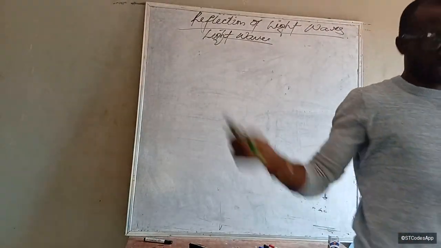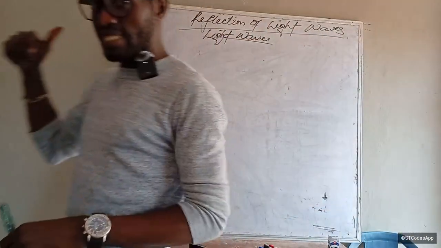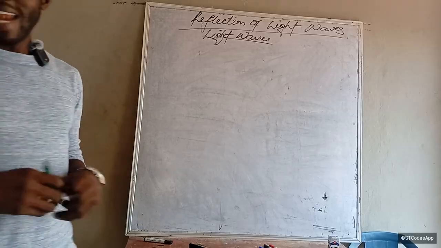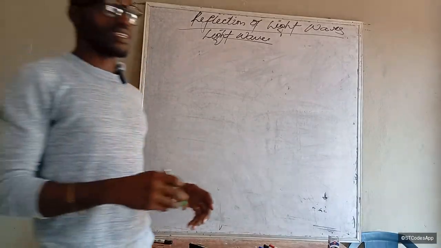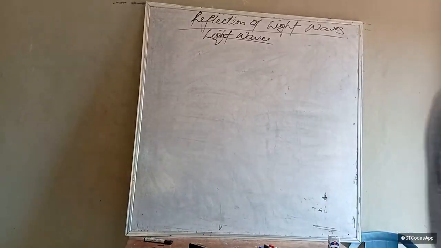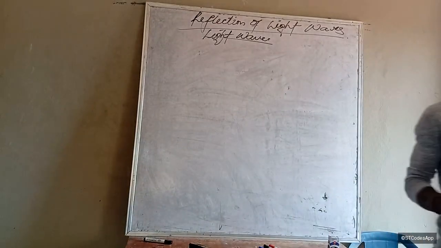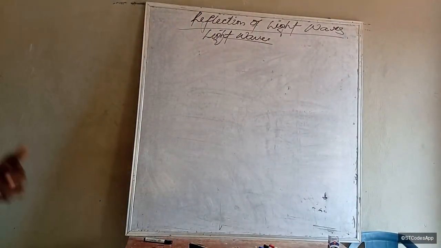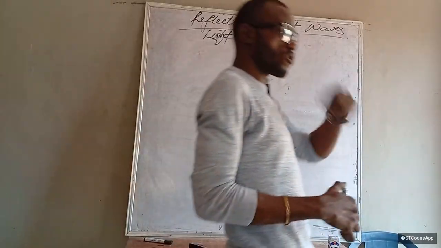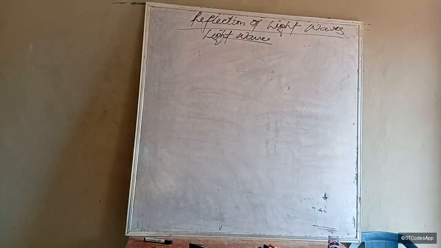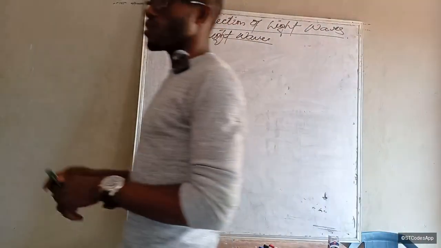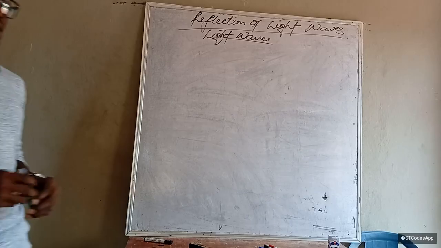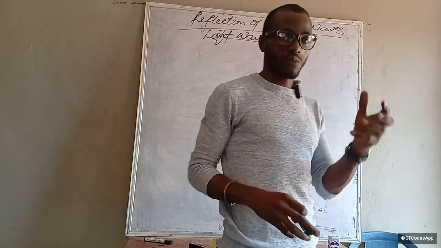Now, light waves are one of the components of the electromagnetic spectrum. Do you understand this thing I explained that time? Okay. This is one of the components of the electromagnetic spectrum.